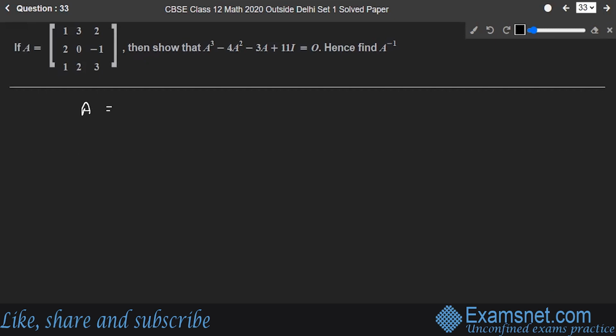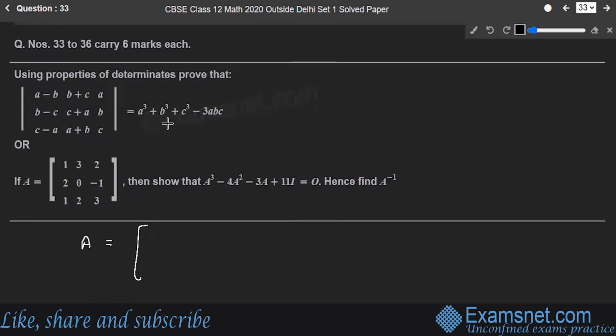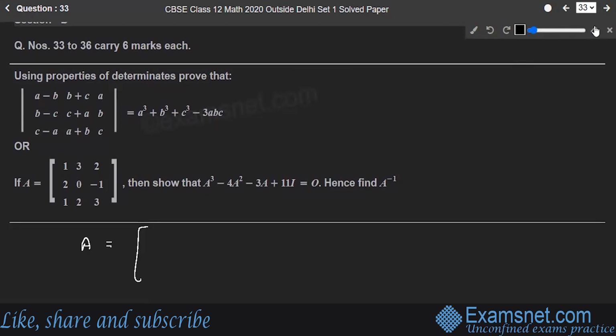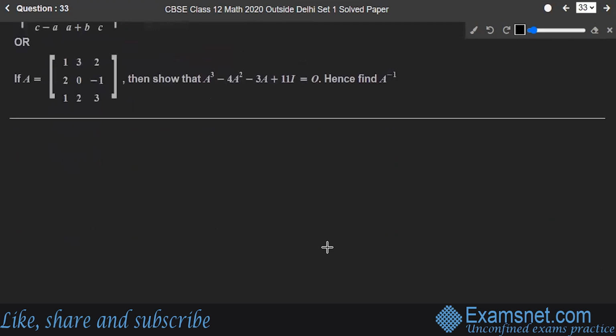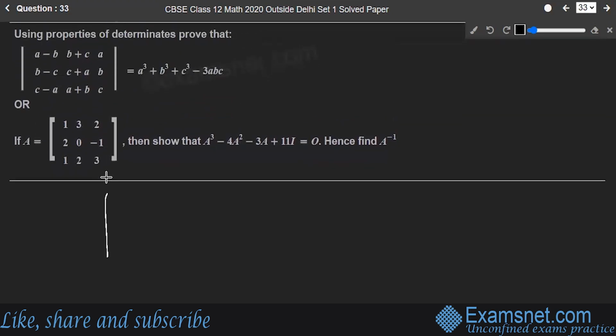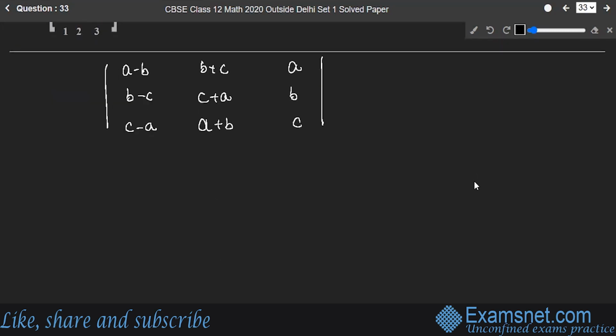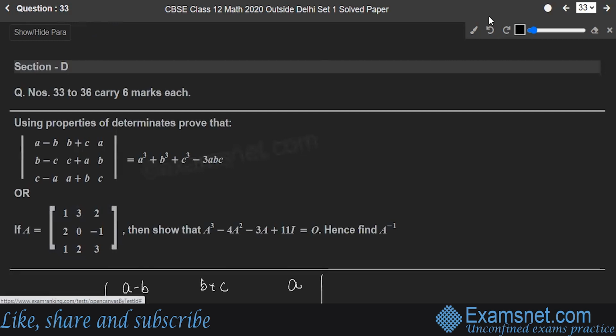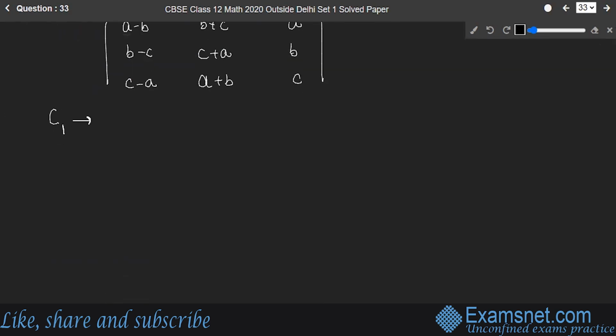Let's start. Let's say A is equal to the determinant, with rows: A minus B, B plus C, A; B minus C, minus A, C plus A, plus B and C. Now applying some transformations, C1 as C1 minus C3, and C2 as C2 plus C3.